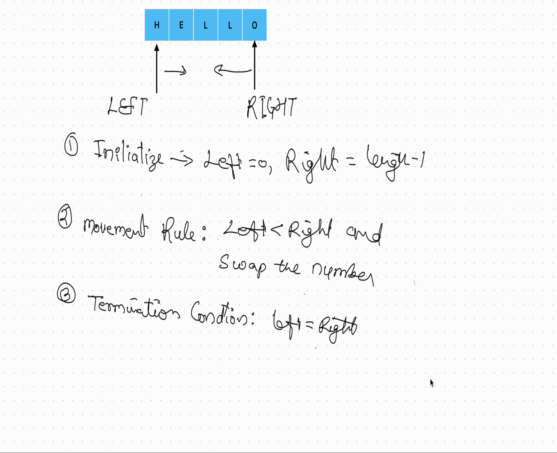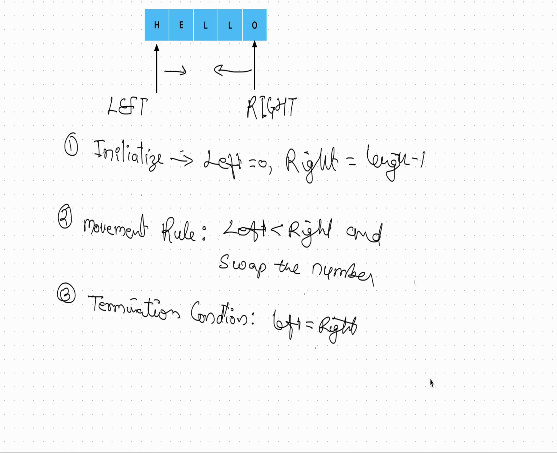We will move the left towards the end and the right towards the front, and we will keep swapping the values. That's our logic. And the termination condition would be when both pointers, left and right, become equal.